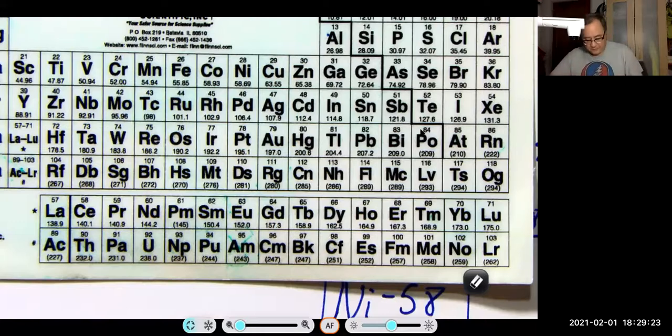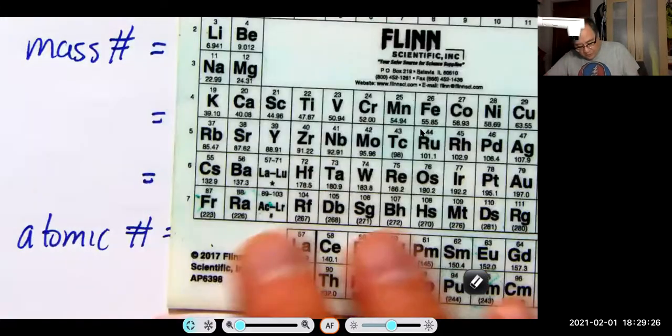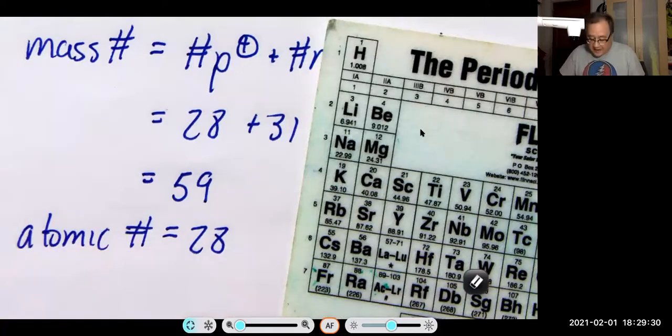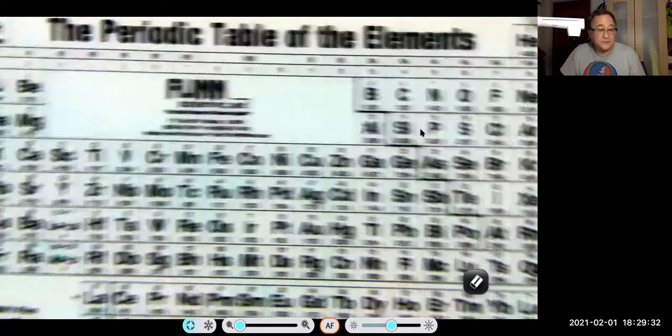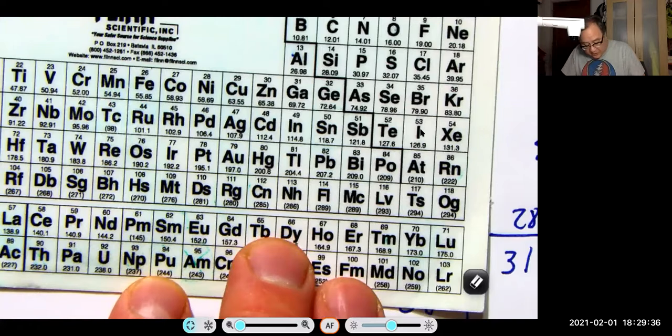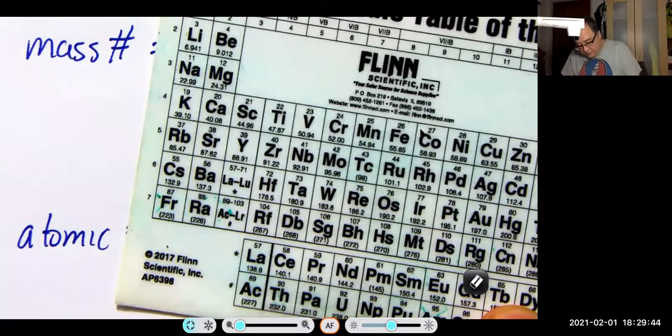Okay, so for plutonium, we know that it's 94. So this is going to be 244 and 94 down here, or plutonium 244.